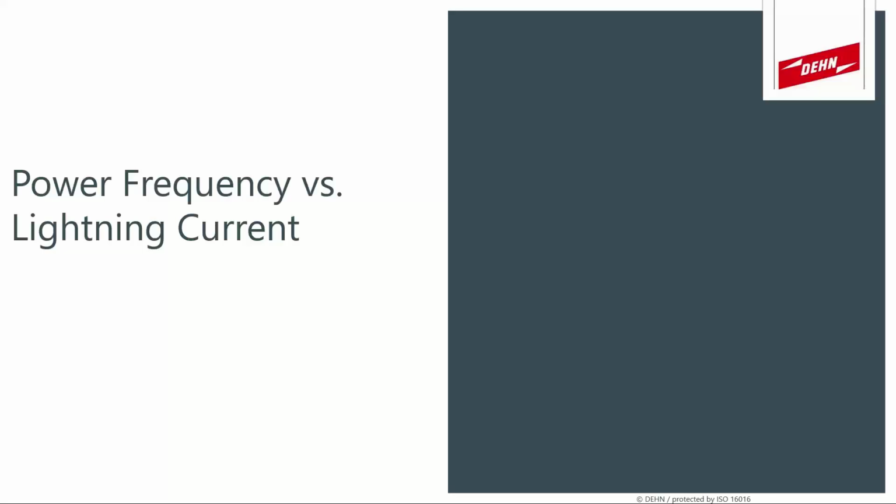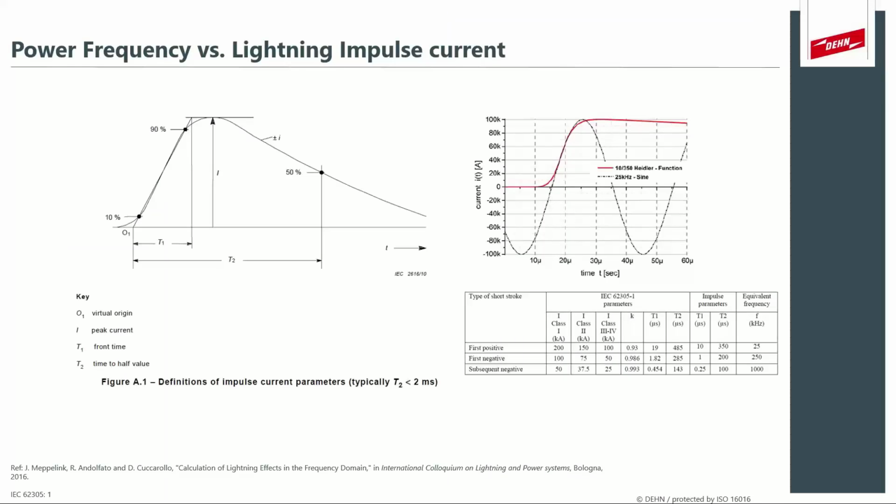So starting off first, lightning is not a sinusoidal wave. It's not constructed from a sinusoidal wave the way we know as 50 hertz or 60 hertz alternating current, and so on. So lightning is characterized as an impulse.